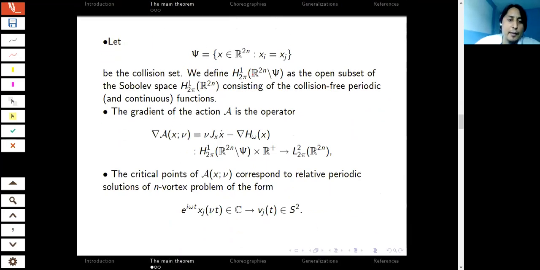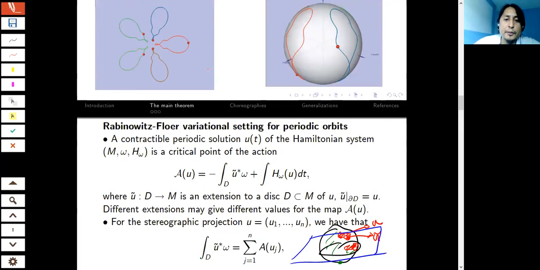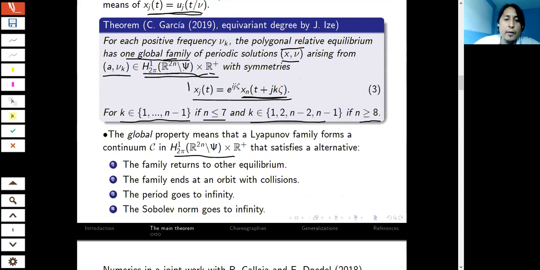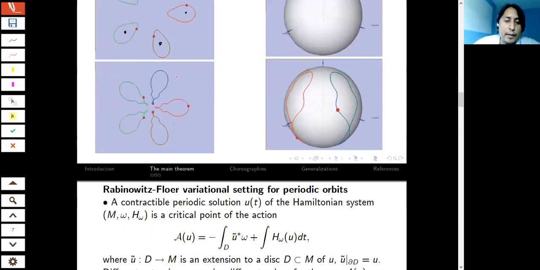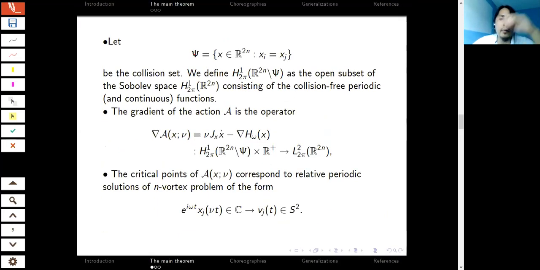I didn't say in the theorem before what was phi. Of course, in this space, I am taking collisionless curves, and I didn't say it. So now I'm going to say it: I'm going to define phi as the point such that there are no collisions, and so phi is a collision set, right?